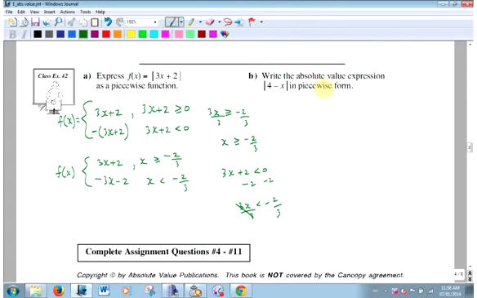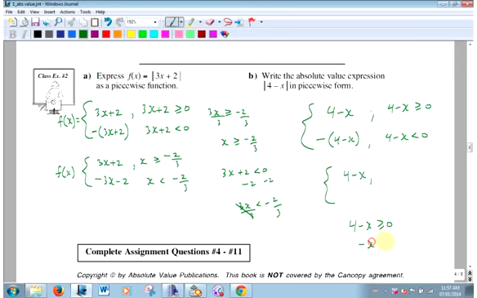Last one, write the absolute value of that thing in piecewise function. What do we do? It's just this function if this thing is positive and it's minus this function if this thing is negative. That's it. So if minus x, well, we better write that one out. 4 minus x is greater than or equal to 0, so minus x is greater than or equal to minus 4.